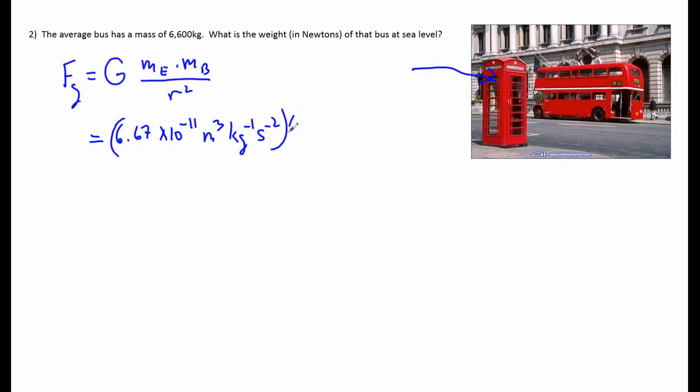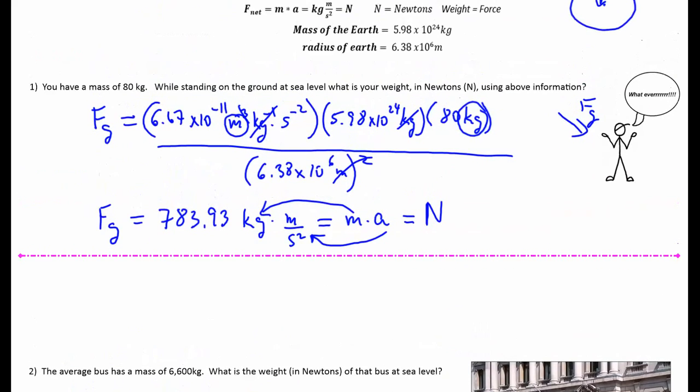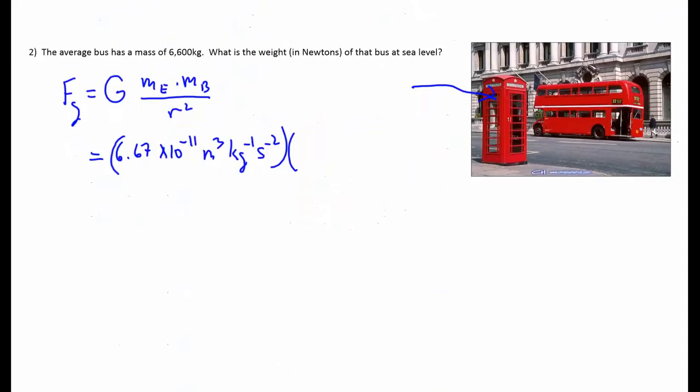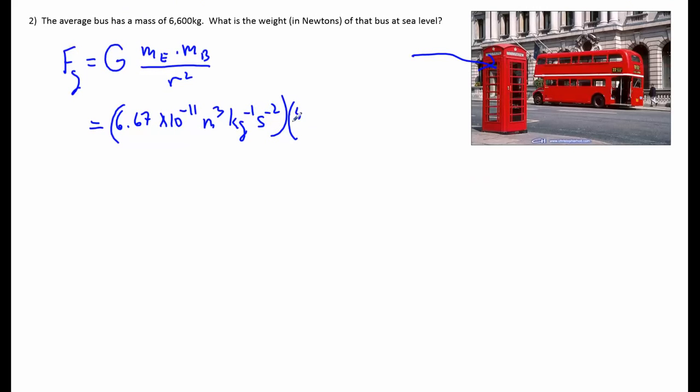We're going to multiply that again by the mass of the Earth. That's 5.98 times 10 to the 24th kilograms. Now, instead of 80 kilograms, here we've got times 6,600 kilograms.